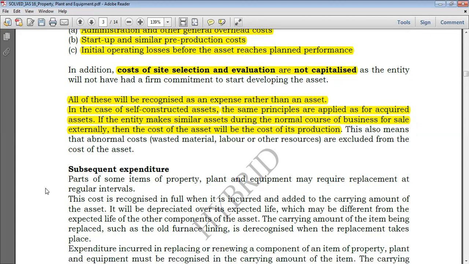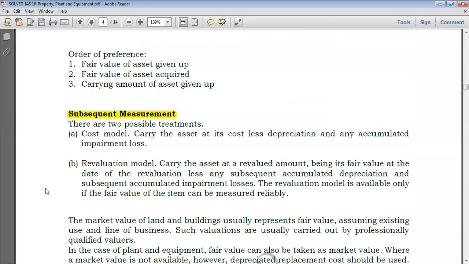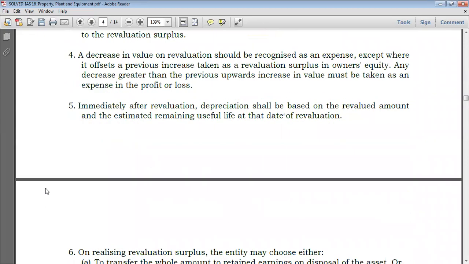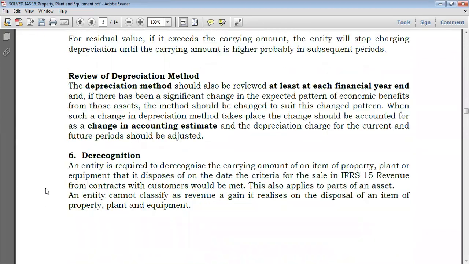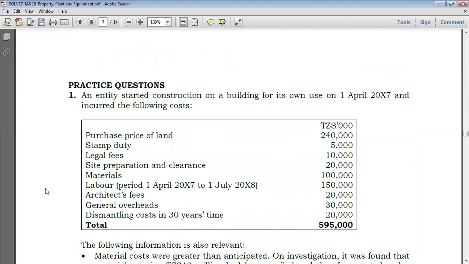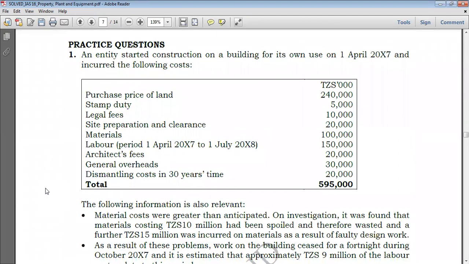Now let's go to an example. Let's go and see an example and then we stop for today. We just go bit by bit. Take a look at this question here. We are told an entity started construction on a building for its own use on 1st April 2027 and incurred the following costs.